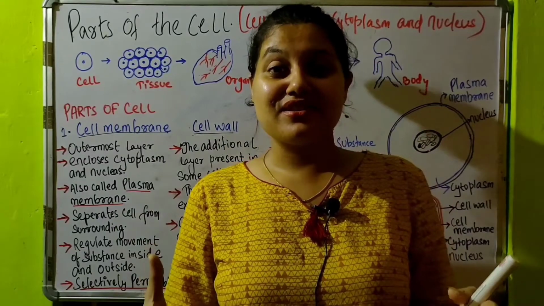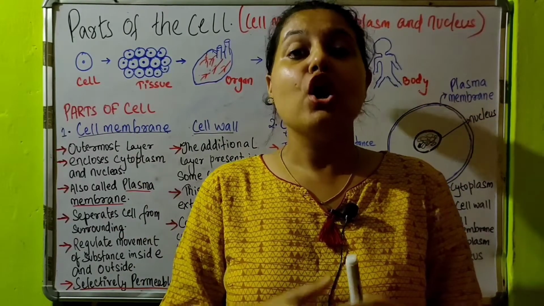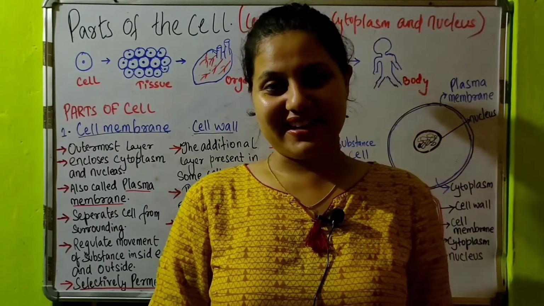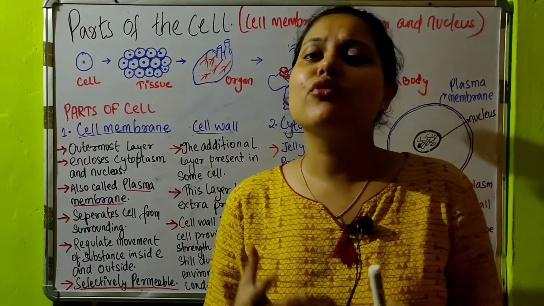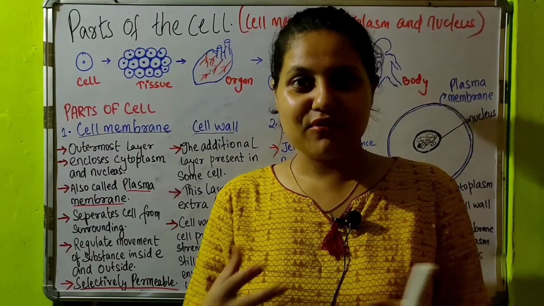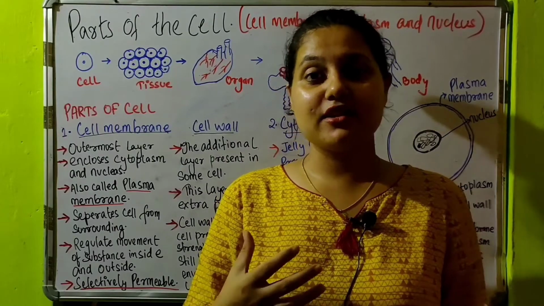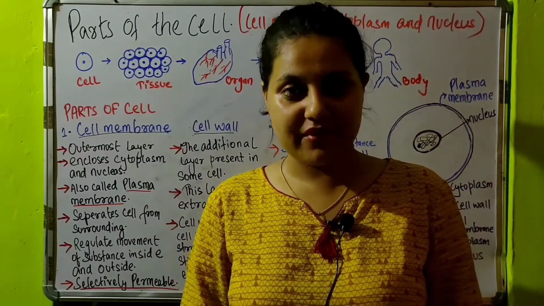No. That is the reason why the plant cells are provided with extra strength to cope with the environmental condition. And that is also the reason why animal cells do not have cell wall, because they want to be flexible, they are motile, isn't it? That is why the more flexibility they have, the better for them, right?